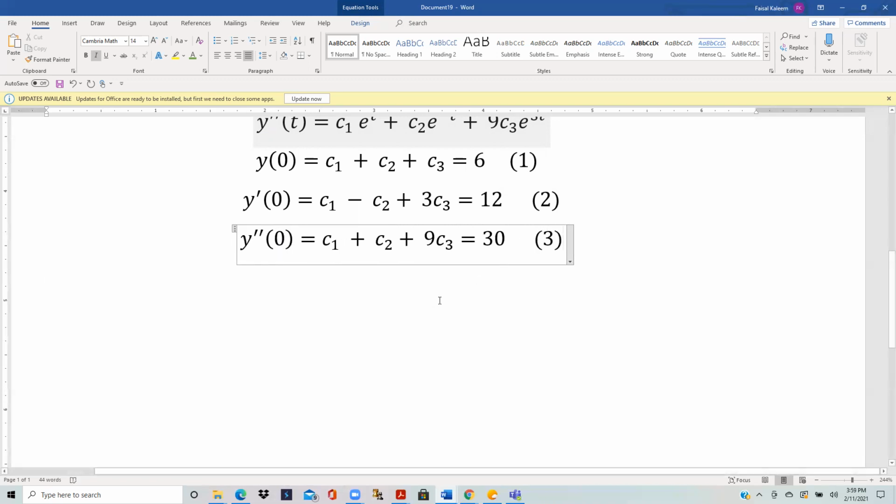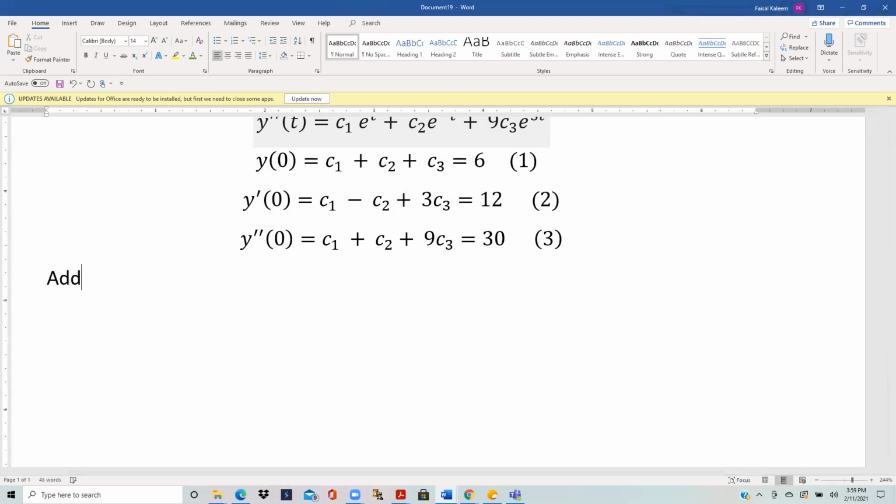Okay, now this is a system of 3 equations and 3 unknowns. Normally you have to do a lot of work, but here it's comparatively easy because you can add 1 and 2, and C2 will be eliminated, and then you can add 2 and 3 and C2 will be eliminated. So we can write adding 1 and 2.